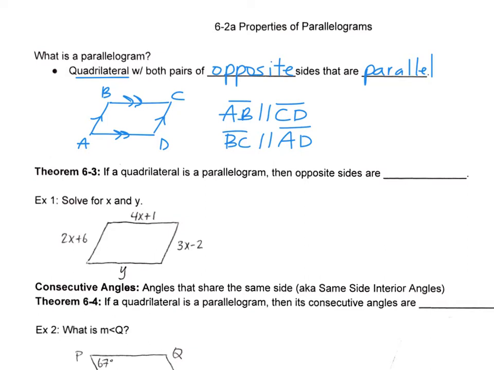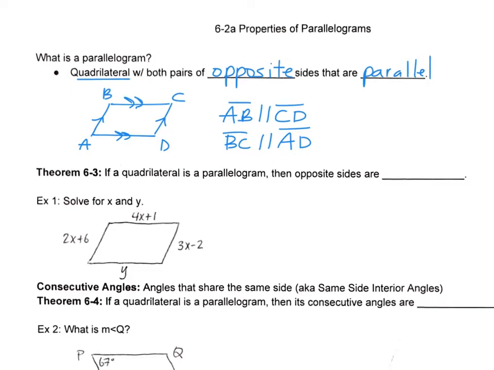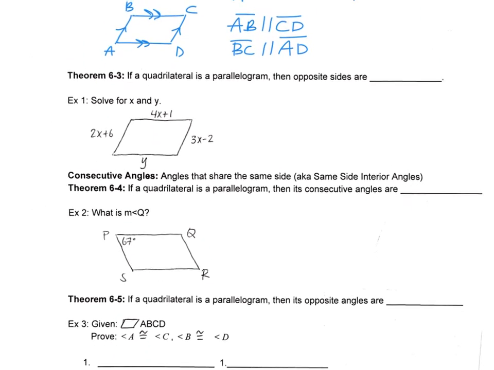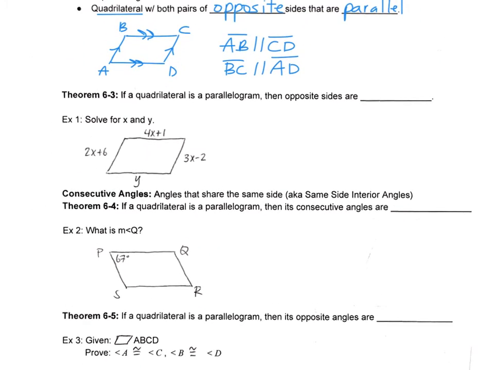So there are a few theorems that we are going to do with parallelograms in general. The first one, this is Theorem 6.3, says if a quadrilateral is a parallelogram, then opposite sides are blank. Okay, so we already said it's a parallelogram, so you can't say opposite sides are parallel. Any guesses what opposite sides are?